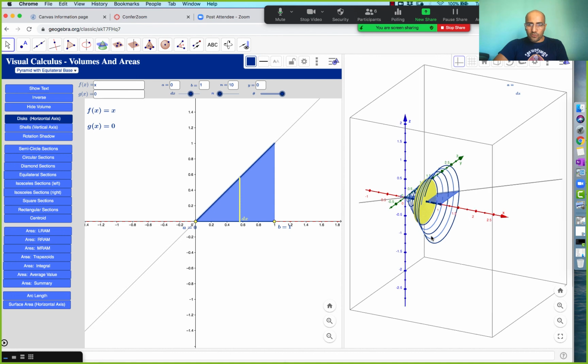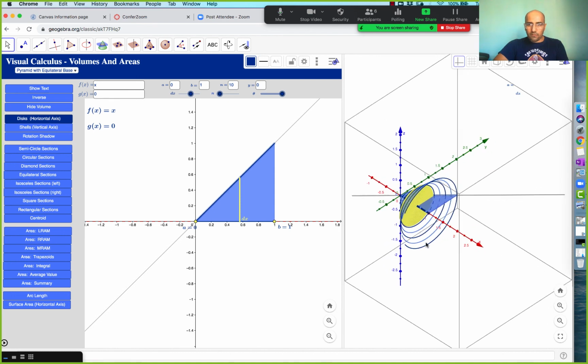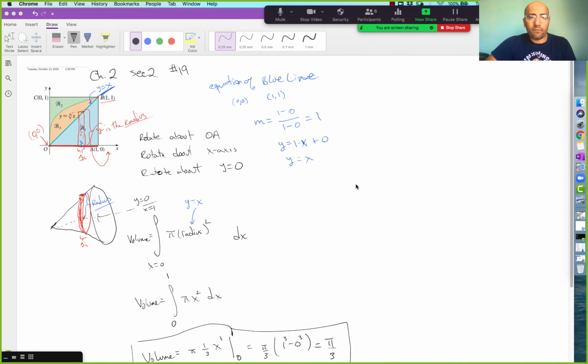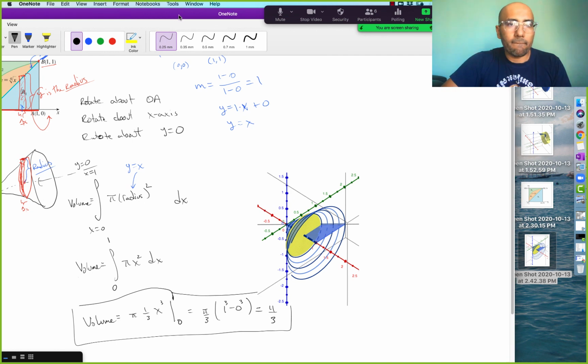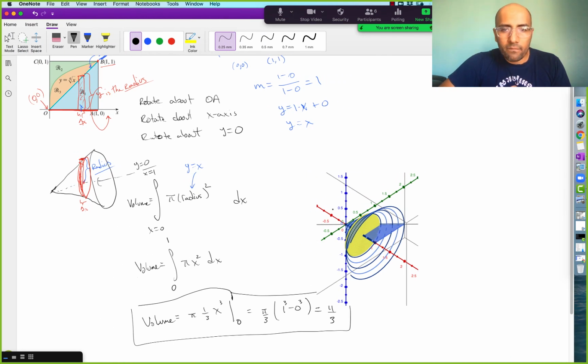Get a nice image of this thing around there. So the radius, right? Notice that this is the x-axis this way, this is the y-axis going that way.